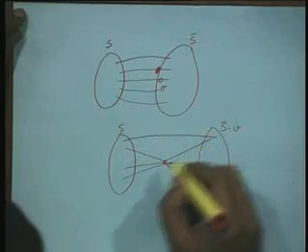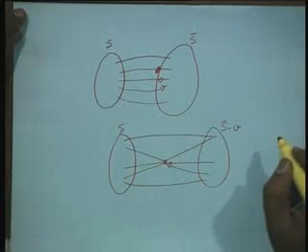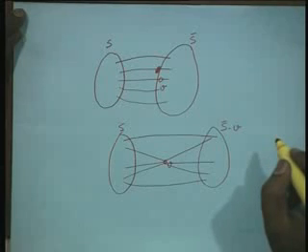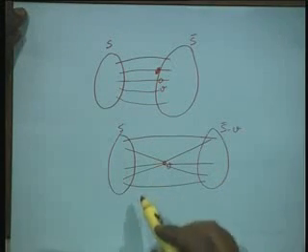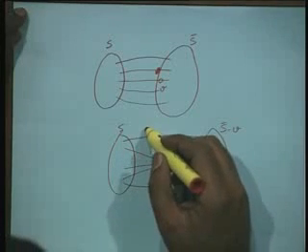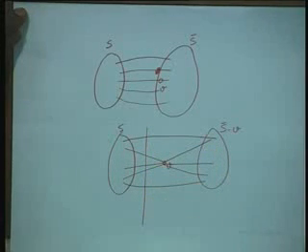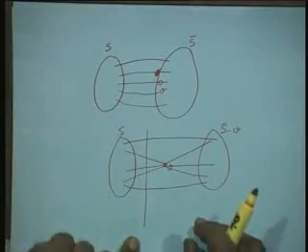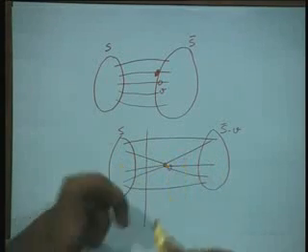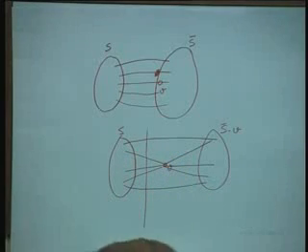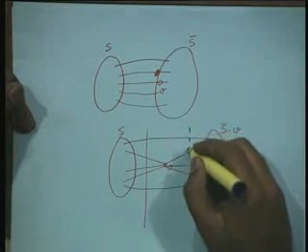There are of course some edges which go from S to S complement. Right now I know the minimum of these edges, because V is on this side. This picture is the same as knowing the minimum of these edges. When I move V from here to here, I want to find out the minimum of these edges.